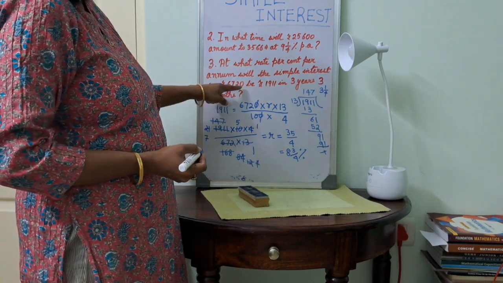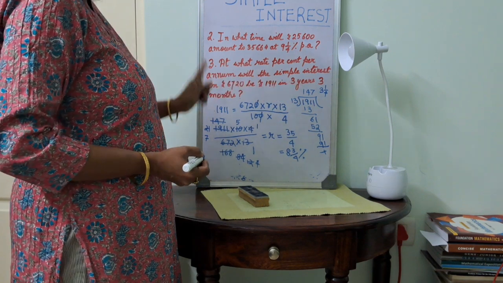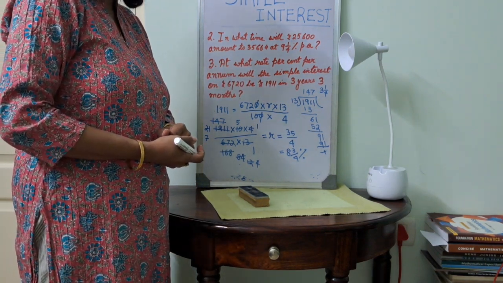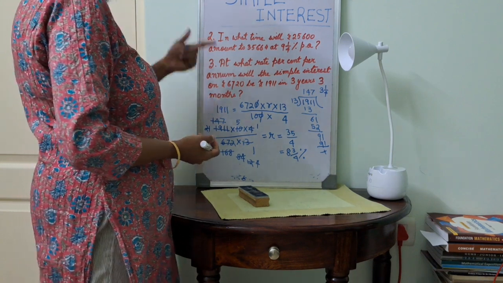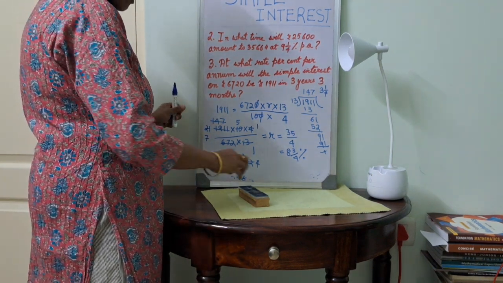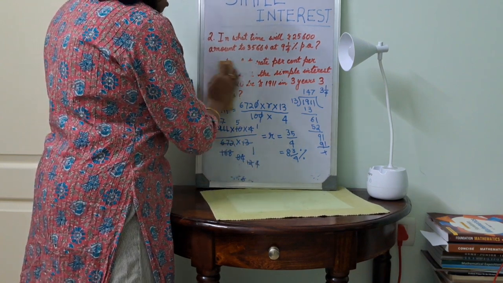So that 6720 yields an interest of 1911 in 3 years, 3 months. I hope it is clear, all of you. So next we will move on to the second sum. So I'll rub this off. I'll rub the sum as well.